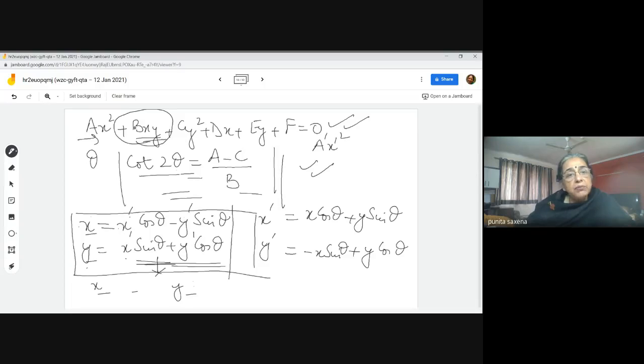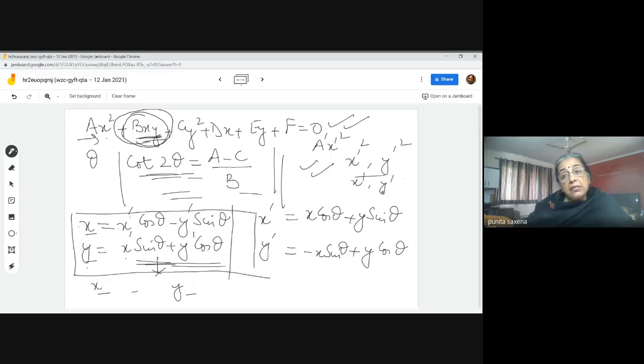That means some new coefficient will come with x dash square, and as a result this term bxy will be eliminated automatically, because we are choosing our theta in such a manner that this term gets removed. So you will have terms like x dash square, y dash square, x dash, y dash.